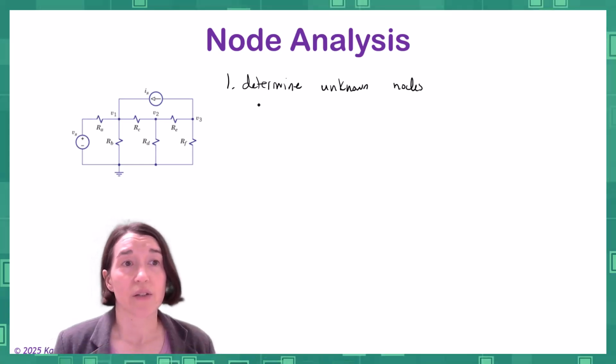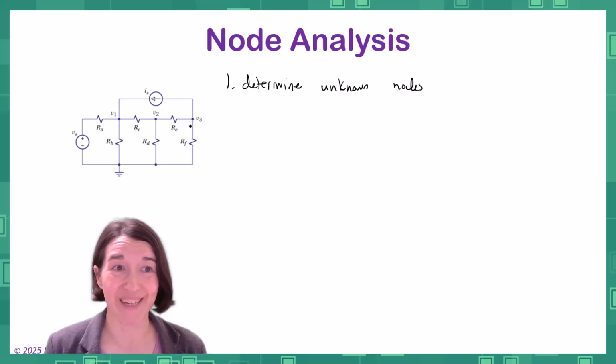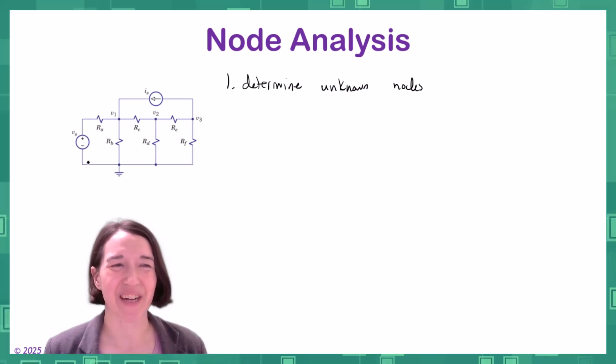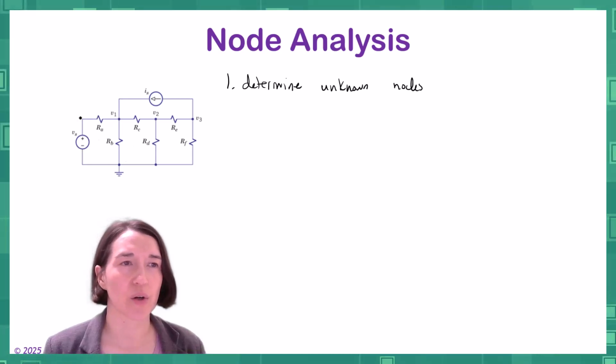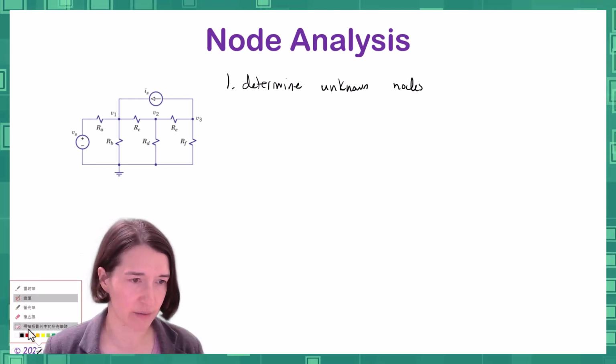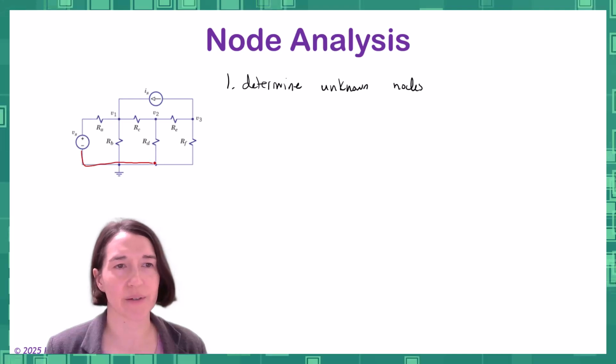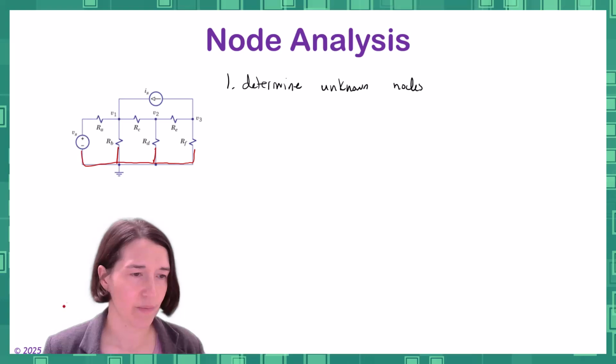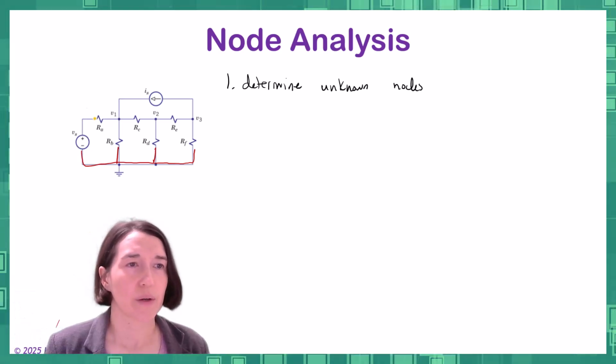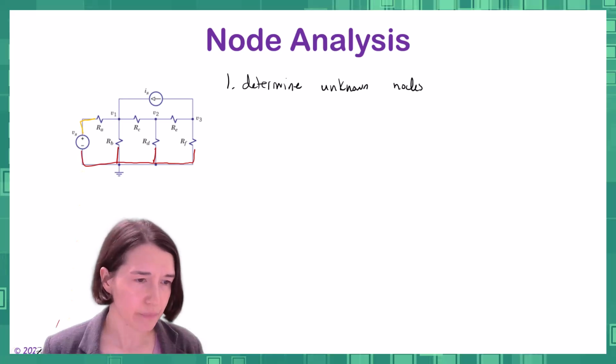All right, so for example, in this one, we have to talk about one thing first. If we look at this, there's one node on the bottom. There's a node here. Should I color these? Sure, you guys, why not? Let's use some colors here. We have one node on the bottom here. One node is here.